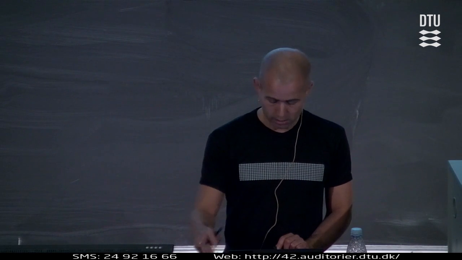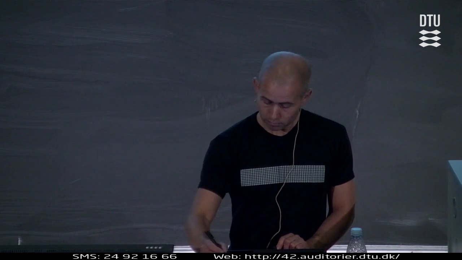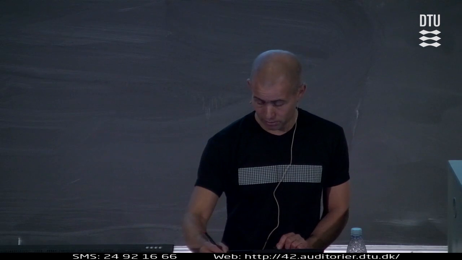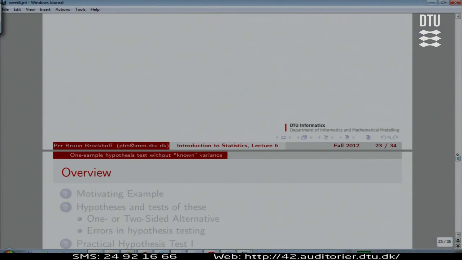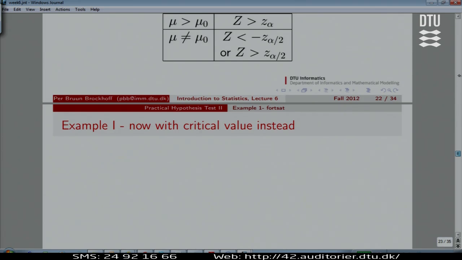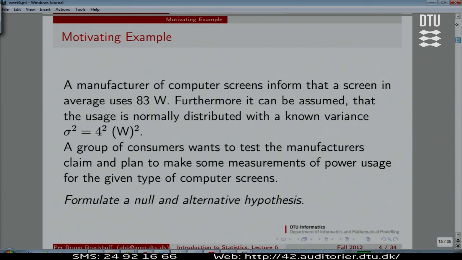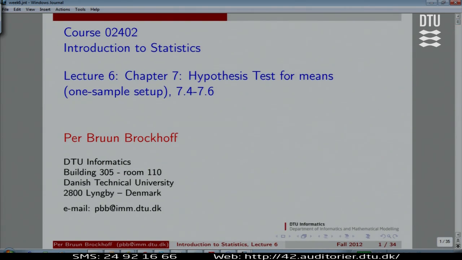So 100% sure is in the everyday practical life useless, meaningless. We have to accept the fact that we cannot be 100% sure. We may only be 95, 99% confident. Otherwise, it doesn't make any sense for us. That's a fact of life we have to face. One of many unpleasant facts of life. That was the first part.